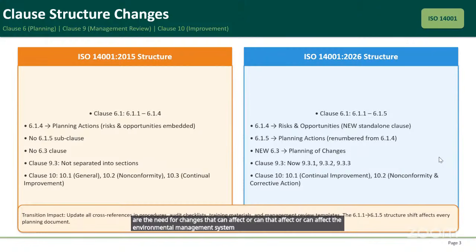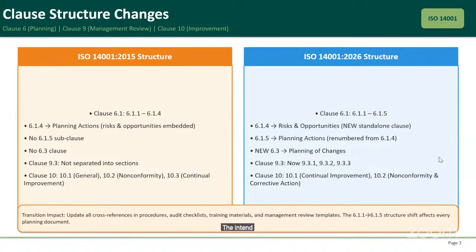The changes shall be carried out in a planned manner. When you are establishing such changes, for those that have done change management, these changes must be done in a planned manner. The changes shall be managed to ensure that the organization achieves the intended outcome of the management system.